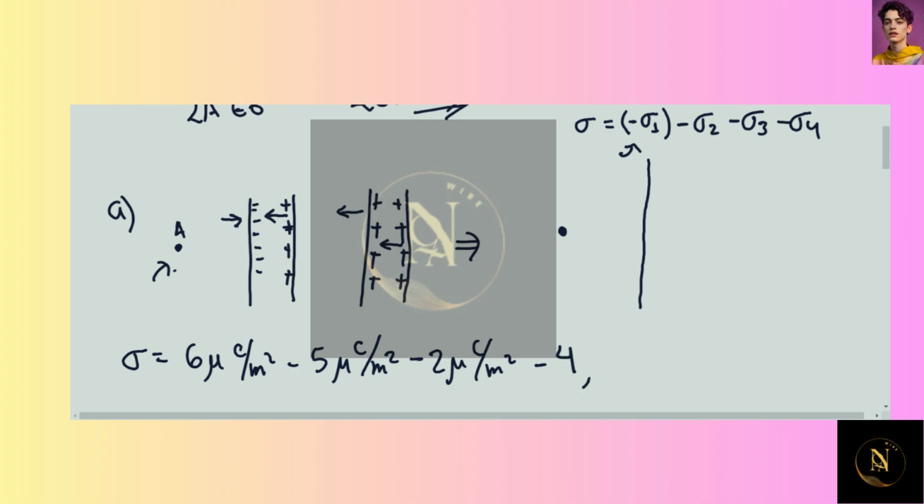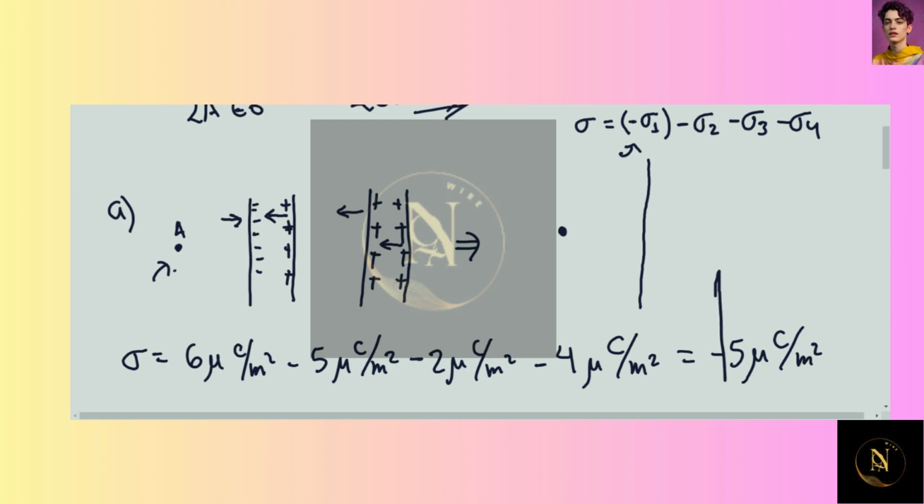So we would obtain a value of -5 microcoulombs over meter square.